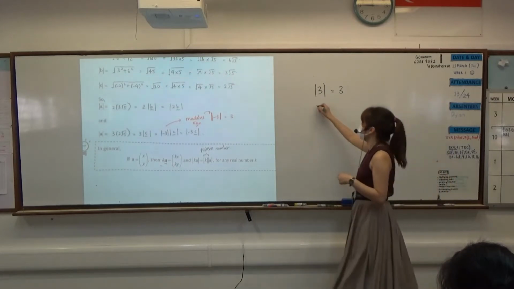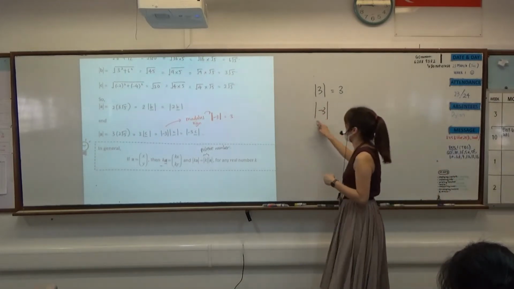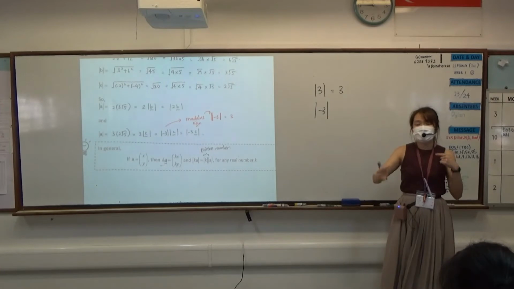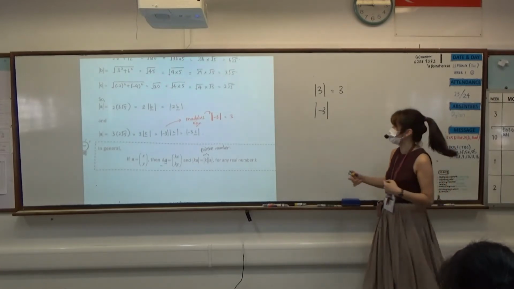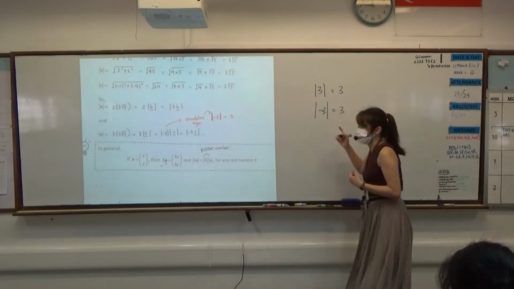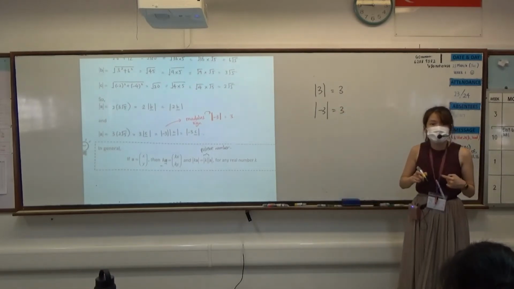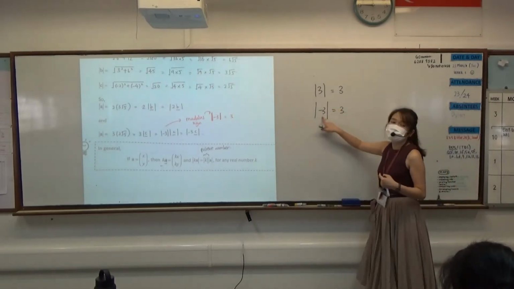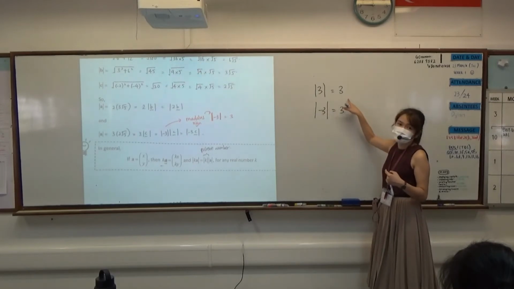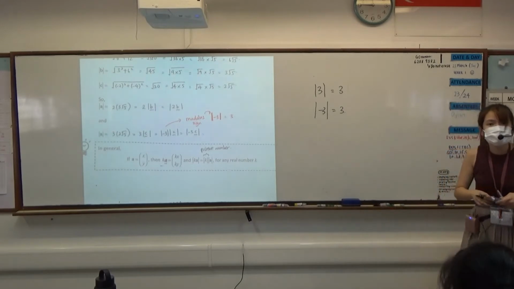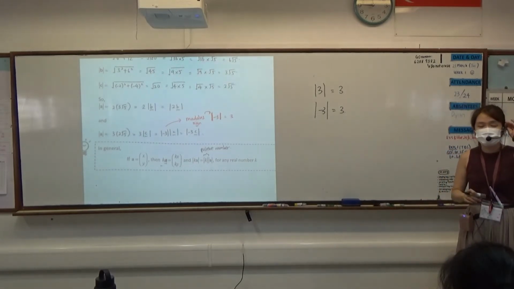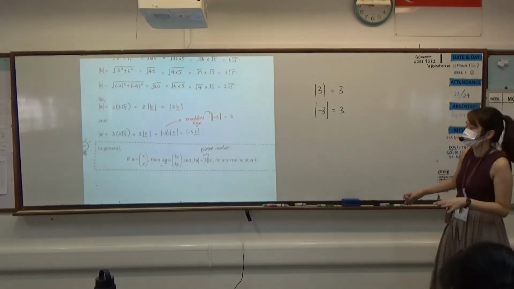While if I have negative 3, the modulus of negative 3, like I mentioned, the modulus function always generates a positive number. So it will still be 3 itself. Be it positive or negative, the value of the modulus will always be a positive number. That's the idea and concept behind modulus, just a very fundamental one.